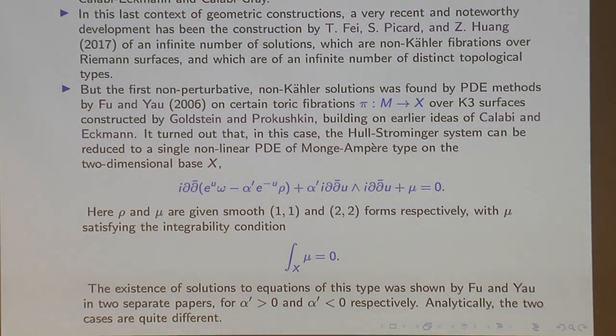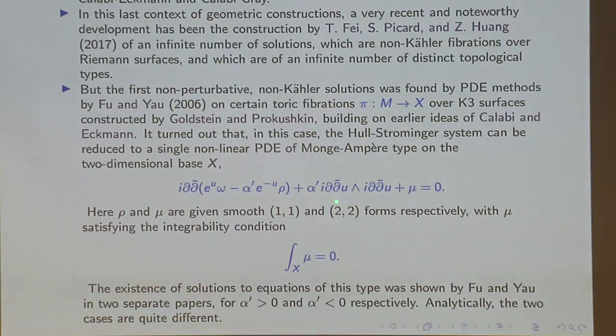I'll say more about this when time comes, but the key thing is that in this setup, the system can actually be reduced to a single nonlinear PDE of Monge-Ampère type on the base, which is a K3 surface. Now, let's take a quick glance at this.